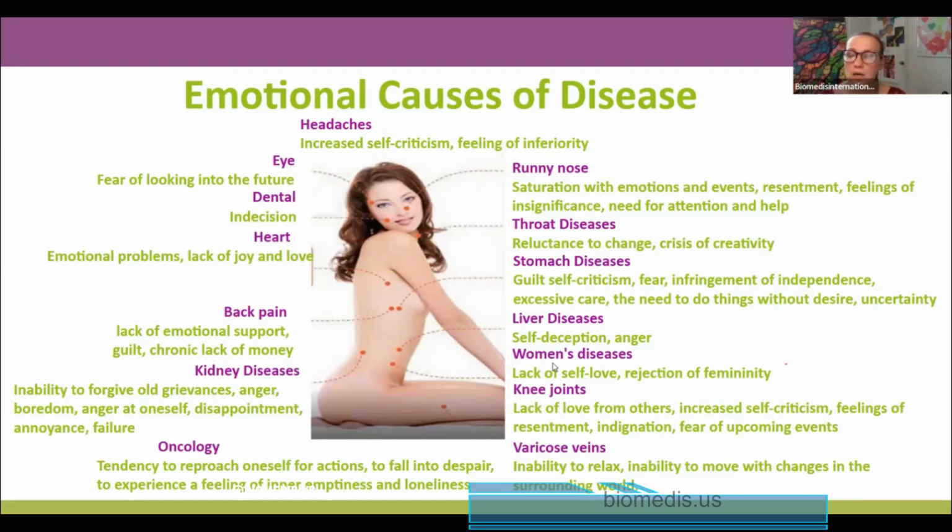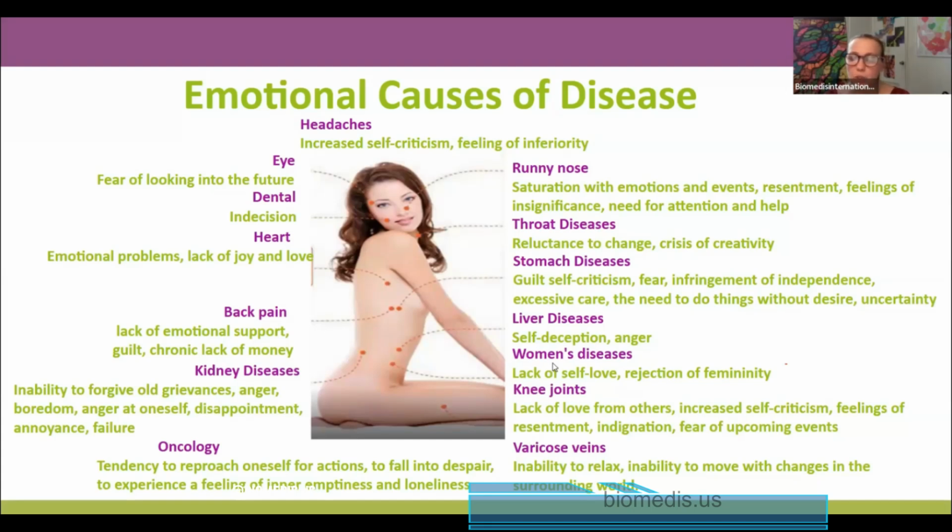Throat, it's a crisis of creativity. Stomach, self-criticism, fears, excessive care, uncertainty. Liver diseases, anger, self-deception. Pancreas pain comes from lack of love, self-criticism, feelings of resentment, indigestion, fear of upcoming events.